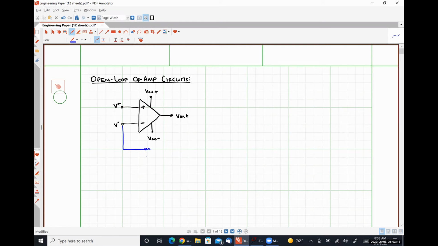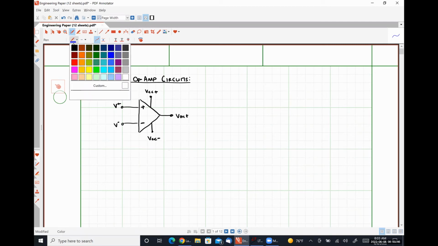Here I'm going to draw it as some sort of resistor, which I'll label as RF, that connects the output node to the inverting input node. This would be an example of what's called negative feedback because the output node is connected directly to the inverting or negative input node. Open loop op-amp circuits do not contain this feedback path.